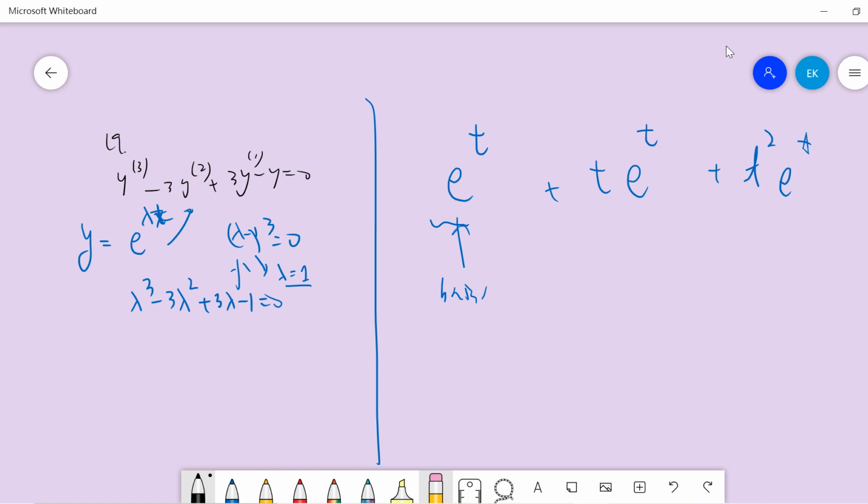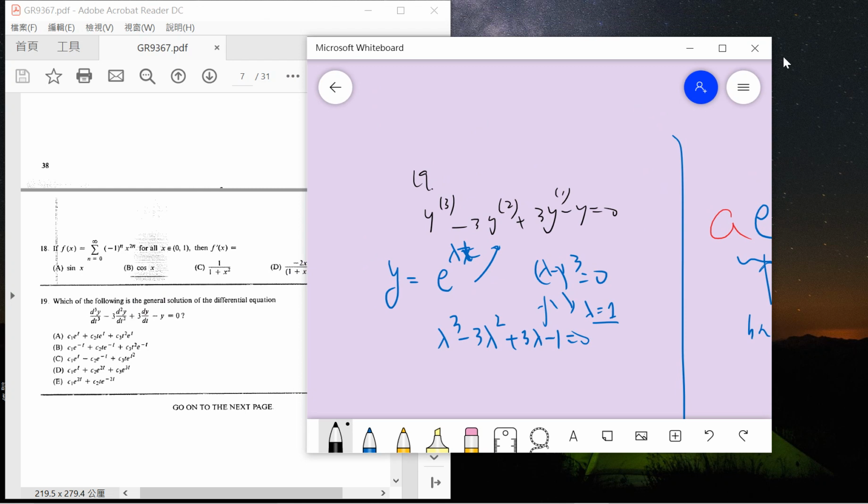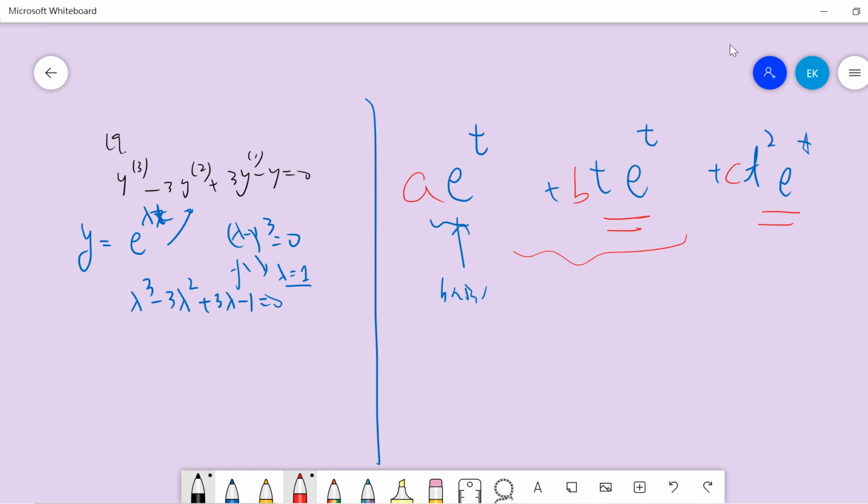So this is the second basis, third basis. So the answer is A, B, C, some constants. So the answer is A. This is just asking about the common sense of ordinary differential equations.